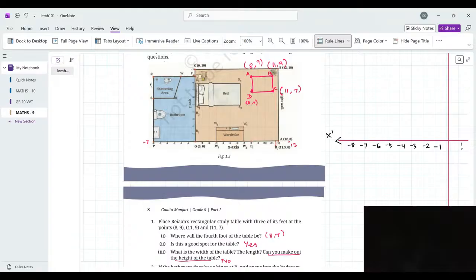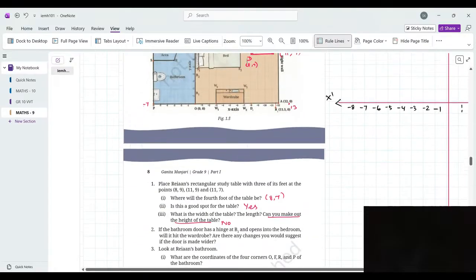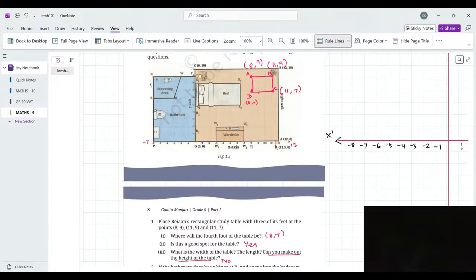Each and every centimeter we are going to consider as 1 foot, as already mentioned. So let us take 1, 2, 3. The length is going to be 3 and the width is going to be 1, 2. So the length of the table is 3 feet and the width of the table is 2 feet.